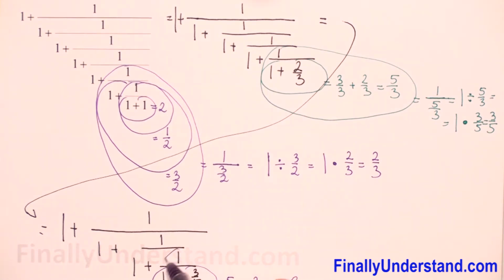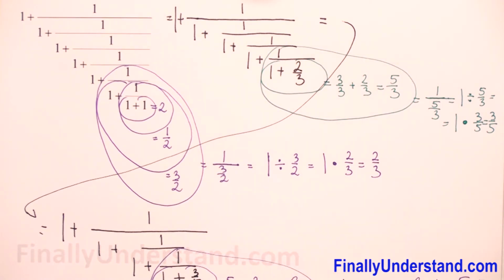So this whole expression will be equal to 1 over 8 over 5. So this is 1 divided by 8 over 5, because the fraction bar means division. We copy 1, change division to multiplication, and flip this fraction, so it will be 5 over 8. 1 times 5 over 8 is 5 over 8.